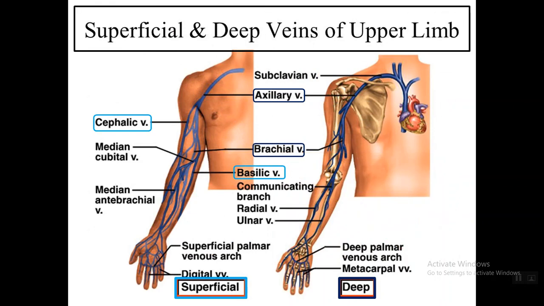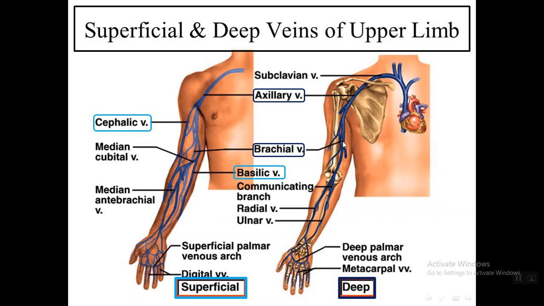We have another set of veins which are called deep veins. The superficial ones, the cephalic and the basilic, run in the superficial fascia, and the deep veins run deep to the deep fascia. These veins are called the brachial veins, which are the deep veins that accompany the brachial artery.